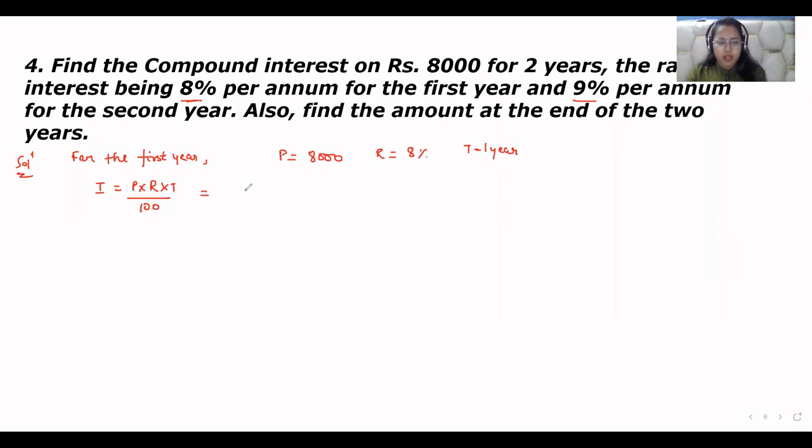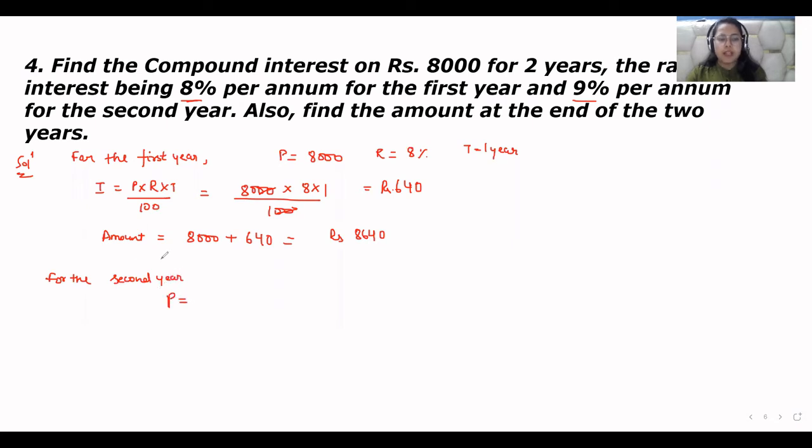Put the values: 8,000 times 8 times 1 over 100. After eliminating the zeros, we get 640 rupees for the first year. And the amount for the first year is 8,000 plus 640, that is rupees 8,640.